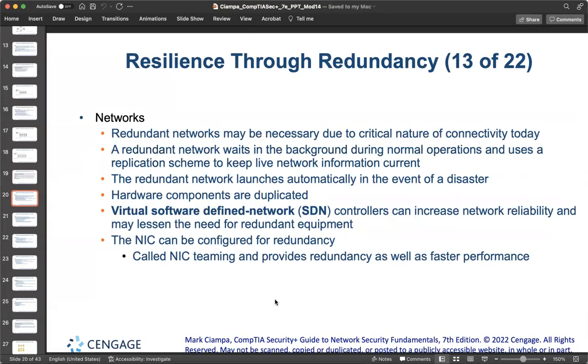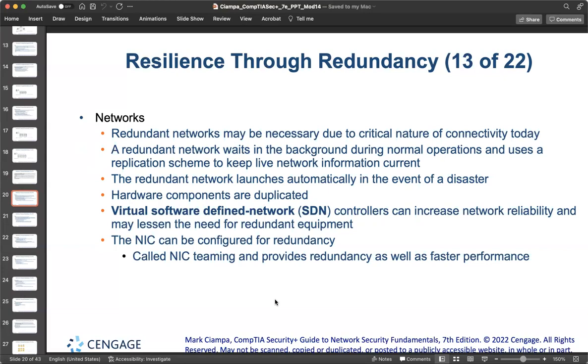After talking about endpoint servers, storage areas, the networks, and hard drives, now let's talk about the networks themselves, right? So the network itself is an asset that if it fails, it's going to act as a single point of failure. You can't do anything within a network which is failed, right? No communication is happening.